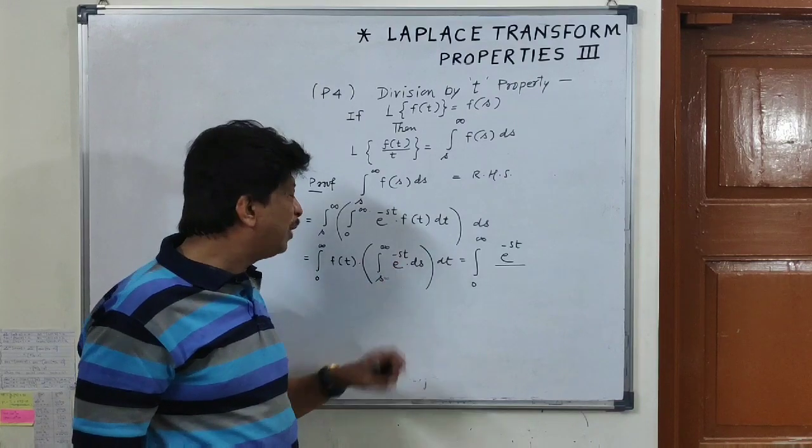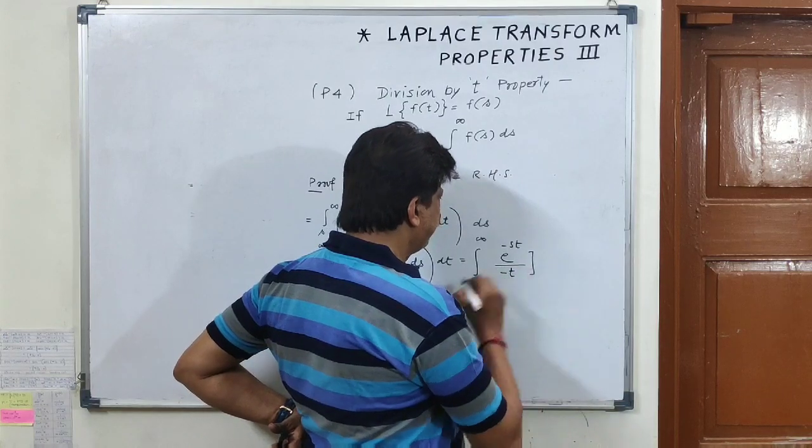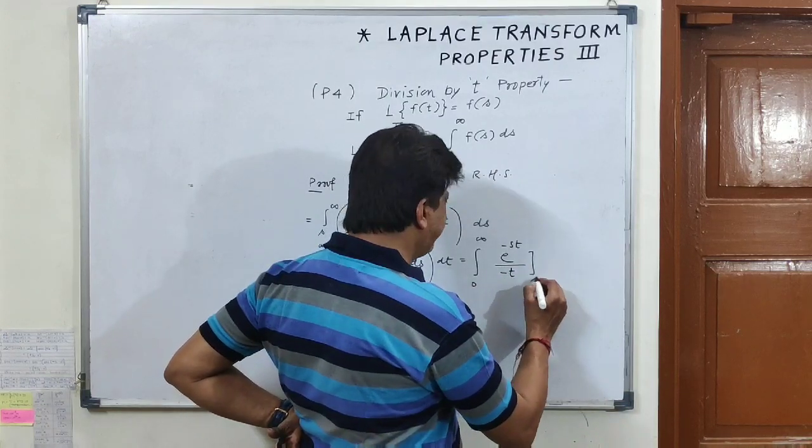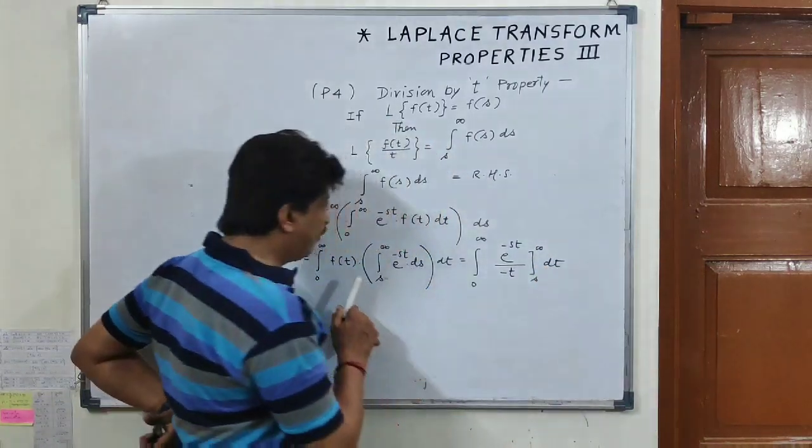So that is equal to minus t. Limits are from s to infinity, dt. And this f of t.